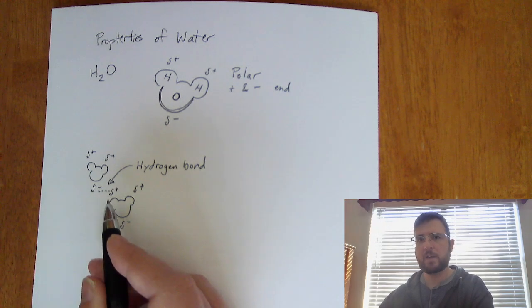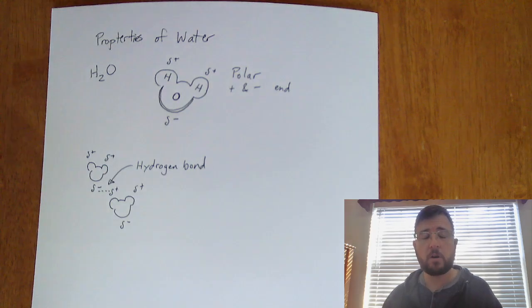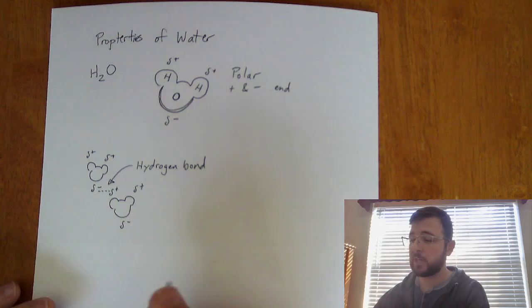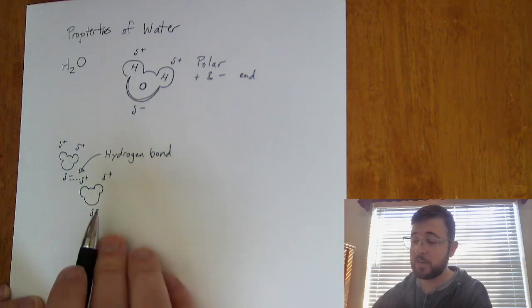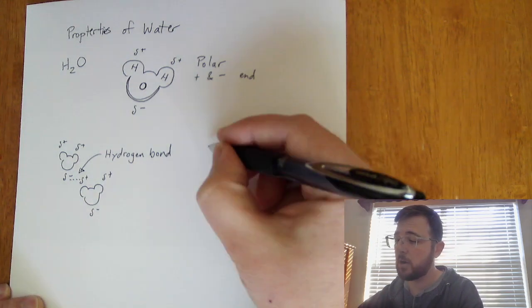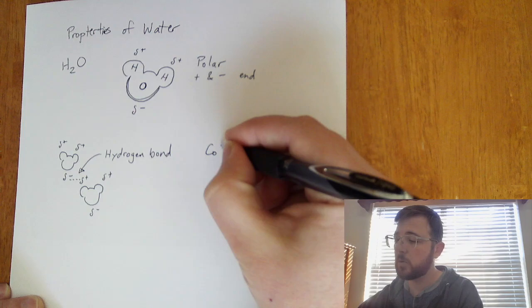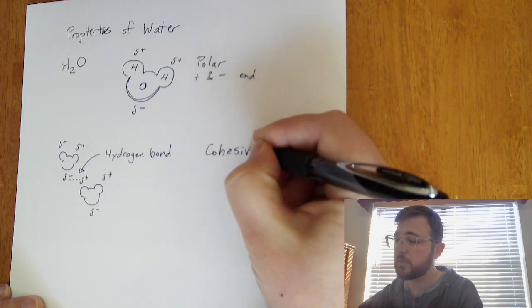Now imagine you have a whole bunch of water all together. All of these water molecules are going to be sharing similar hydrogen bonds with each other. And that creates a special property. Because the water molecules want to be next to each other due to these hydrogen bonds, they are cohesive.